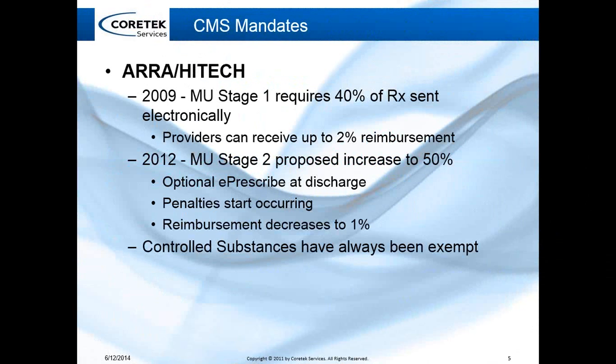Then in 2012, Meaningful Use Stage 2 proposed that e-prescribing increase up to 50%. Meaningful Use Stage 2 also allowed for the optional e-prescribing at discharge. And it was also in 2012 that we started to see penalties start occurring. Also in 2012, the reimbursement rate decreased down to 1%.